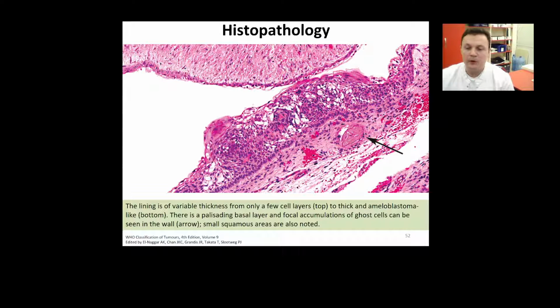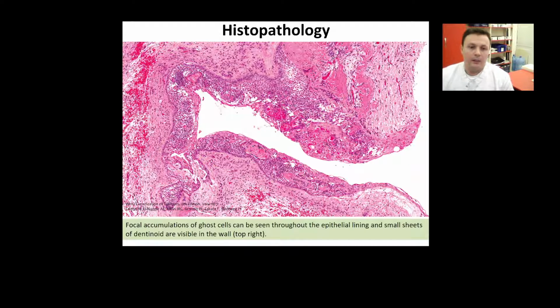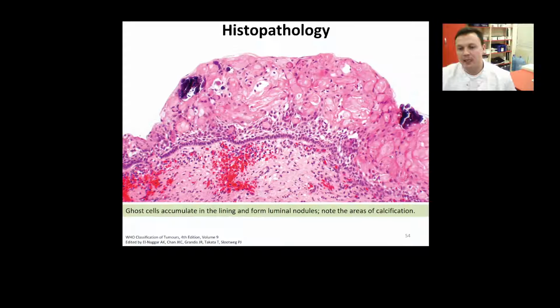with focal accumulation of ghost cells, which may calcify. The lining shows luminal projection of the ghost cells or ameloblastoma-like epithelial proliferation. Small satellite cysts, islands, or epithelial ghost cells may be seen in the fibrous capsule.